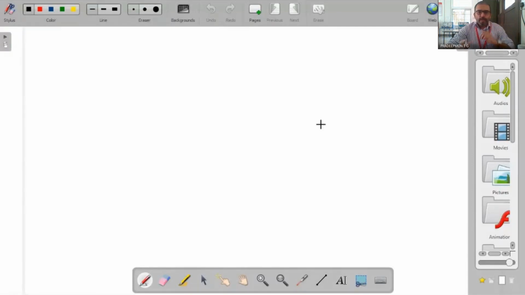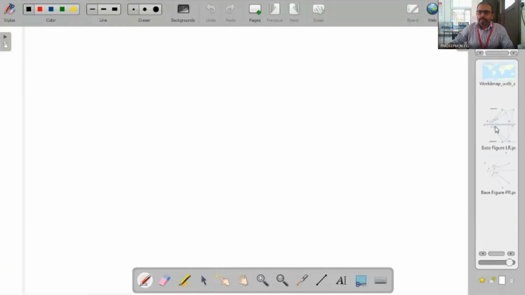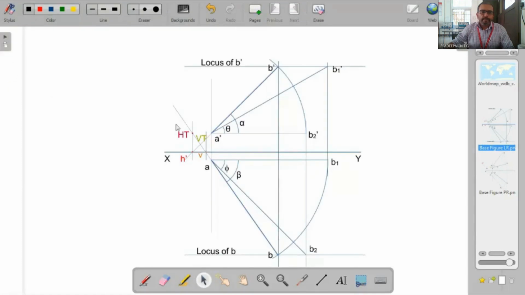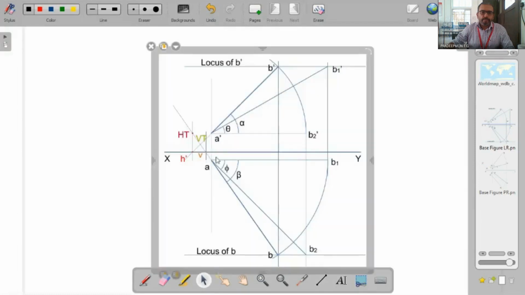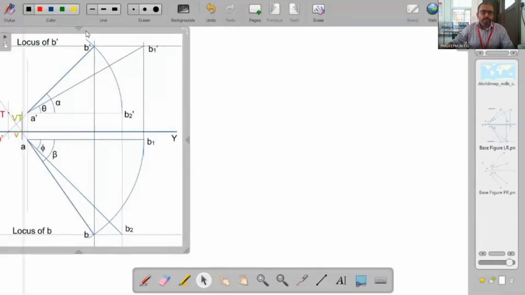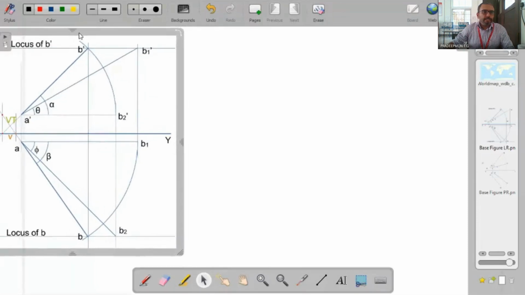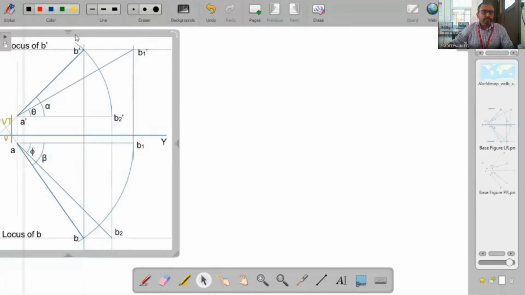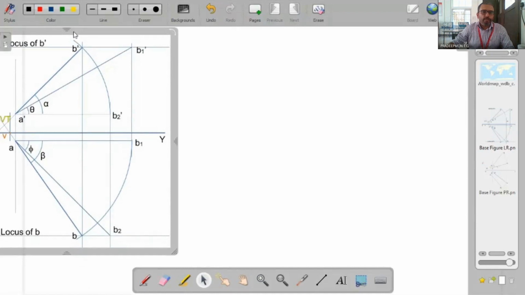Okay. So first let me insert our base figure. So here is the base figure. Since we don't need this HDVT, I am putting it towards the leftmost position.